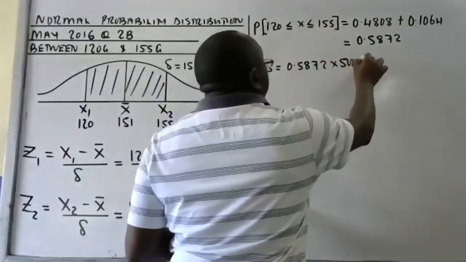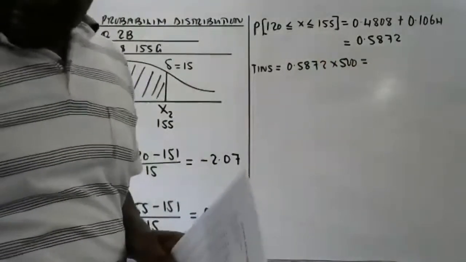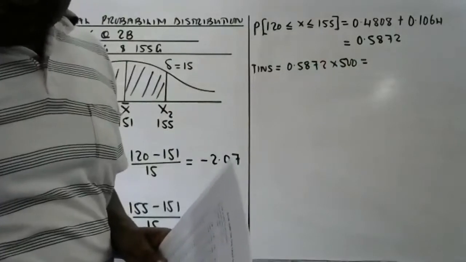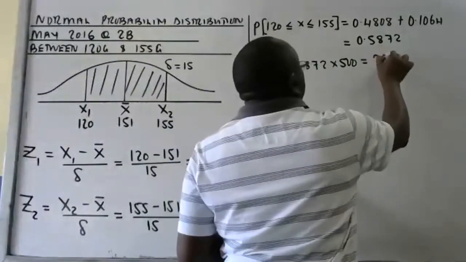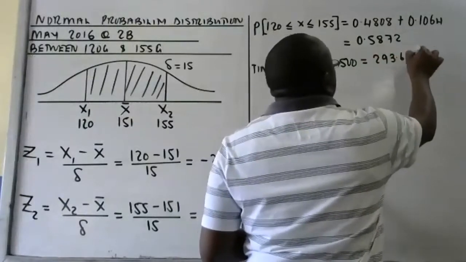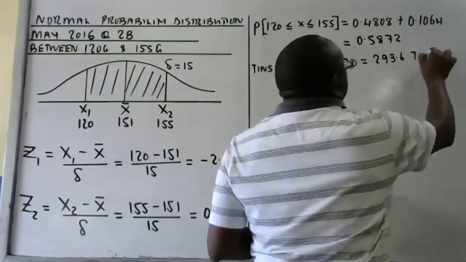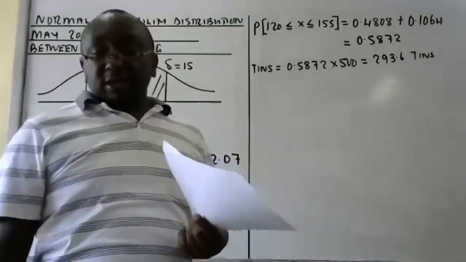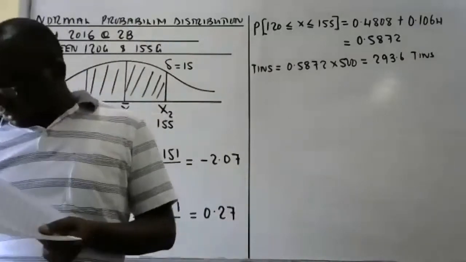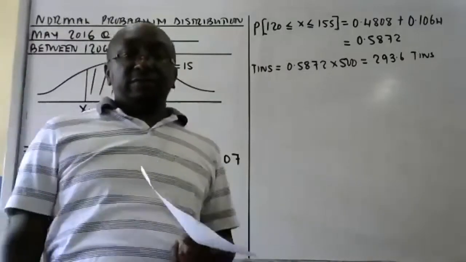So you multiply by 500. So this times 500 gives me 293.6 tins, which you can round down to 293 or even round up to 294.